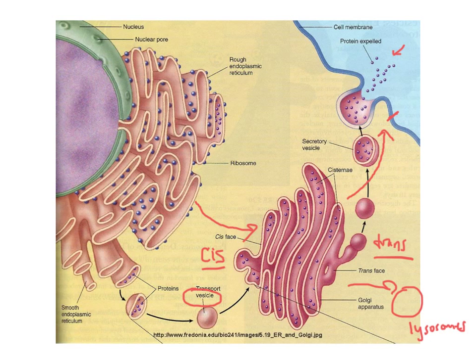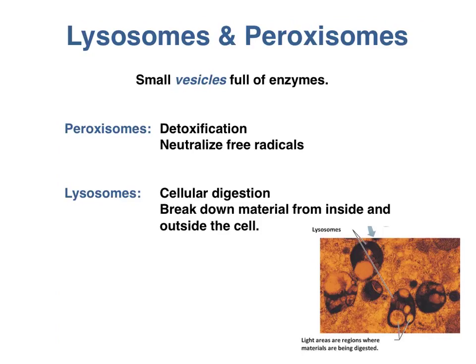New transport vesicles bud off from the trans face of the Golgi apparatus and either become lysosomes or carry their contents to the plasma membrane. Lysosomes are small vesicles found in the cytoplasm full of enzymes. There are a couple of different types of these vesicles. You have peroxisomes and then you have lysosomes. They both contain enzymes, but those enzymes do slightly different things.